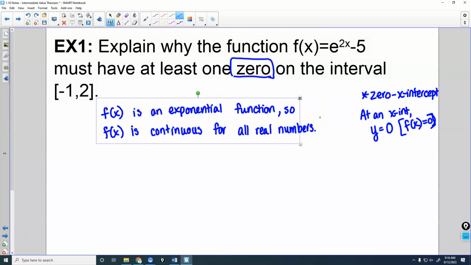That is important. Now, it doesn't have to be continuous everywhere. It really only has to be continuous from -1 to 2. If you say it's continuous from -1 to 2, that's fine. But if we say all real numbers, that also includes that. You could do either one there.